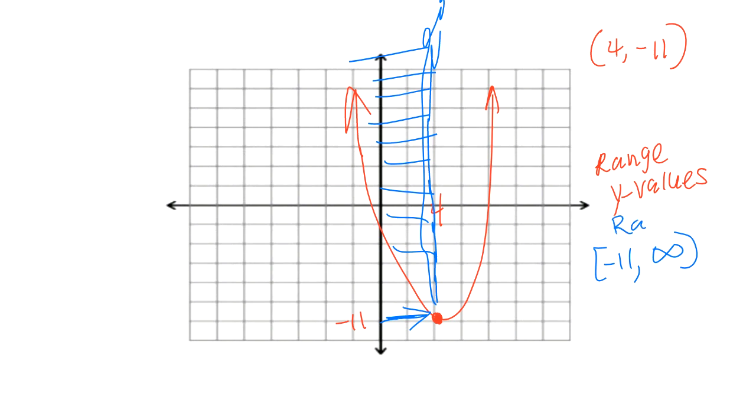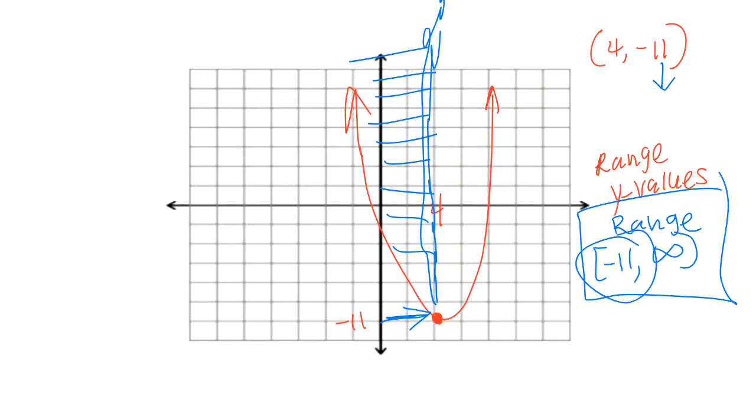So this is my range. So you would just take the y coordinate of your vertex, and that would be your range. If it's going up, then your number will start with your y coordinate, and then it goes to infinity.